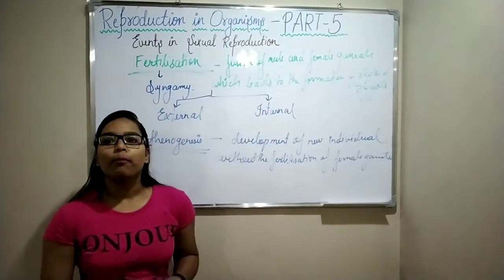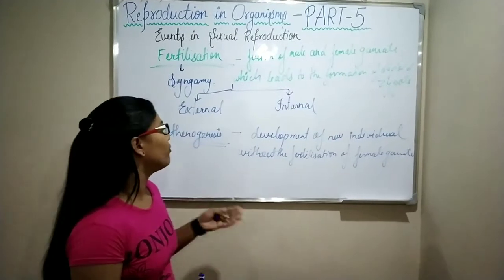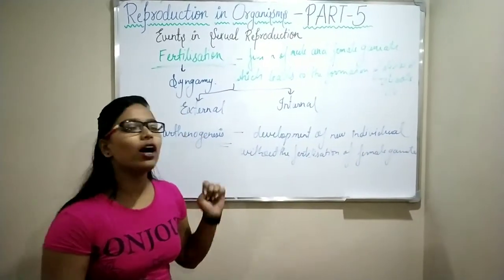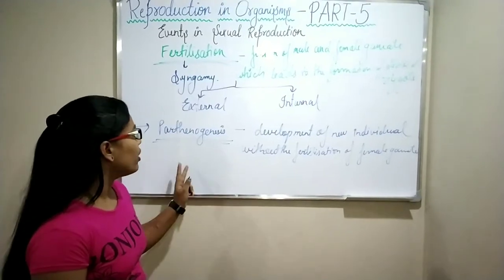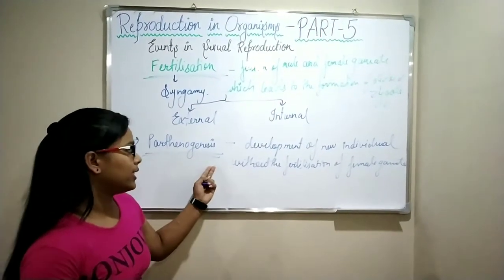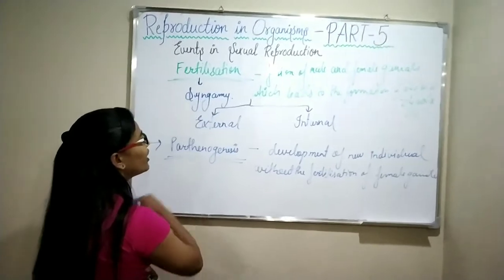I repeat, parthenogenesis is the process of development of a new individual without the fertilization of the female gamete, which means the female gamete is not involved in the process. So we can continue with our types of fertilization.